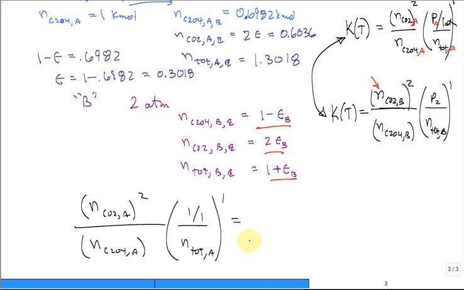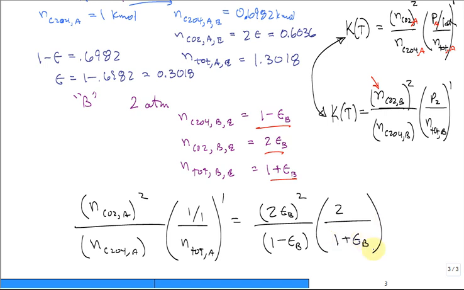So the number of moles of CO2 for case B in equilibrium is 2 epsilon B squared divided by 1 minus epsilon B. The pressure at 2 is 1 divided by 1 atm divided by 1 plus the epsilon B all to the 1 power.